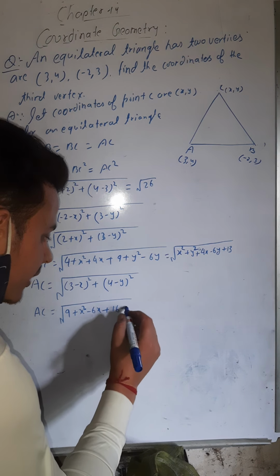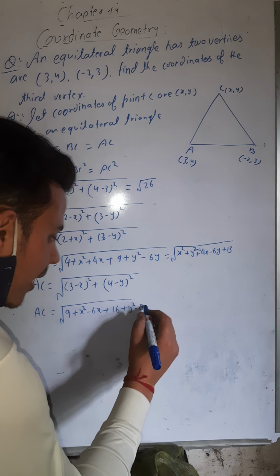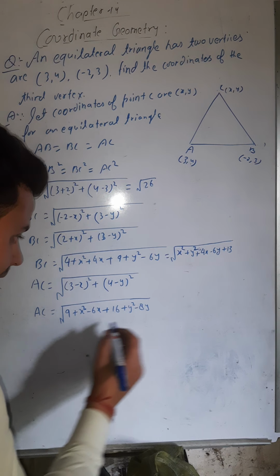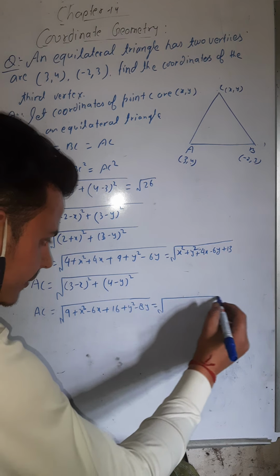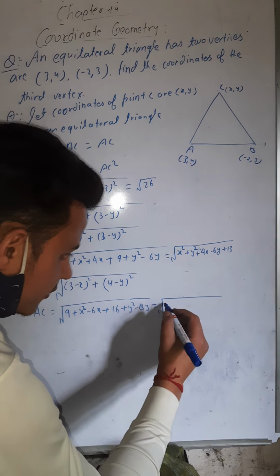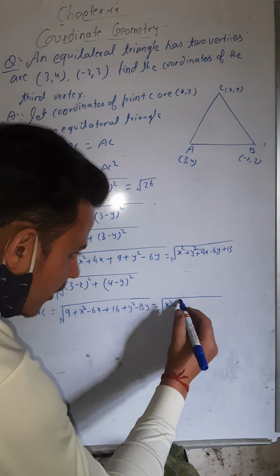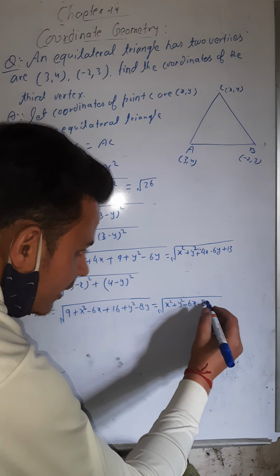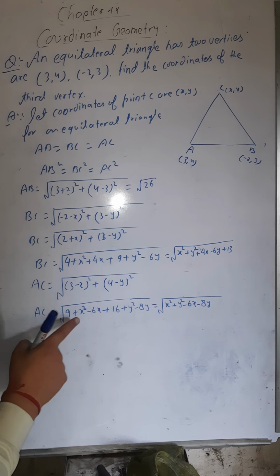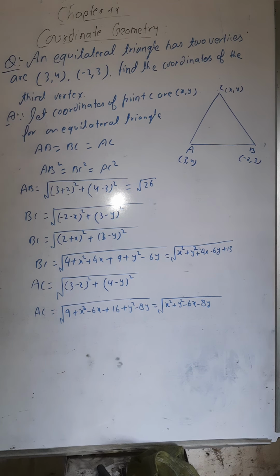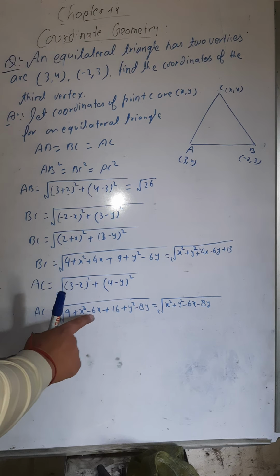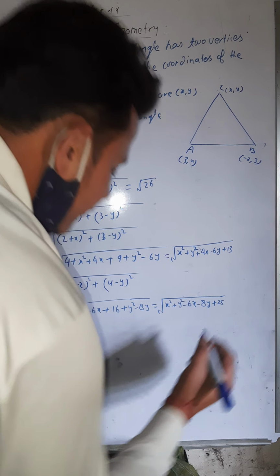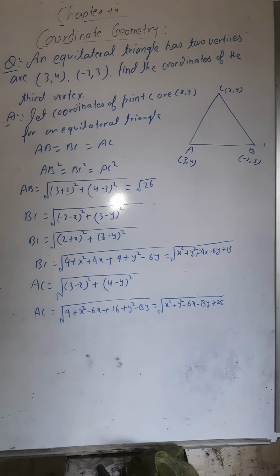Similarly, a square plus b square minus 2ab. Are you getting this? Yes. So from here I can write it as under root x square plus y square minus 6x minus 8y, and 9 plus 16 will be 25. So this will be the value of AC.